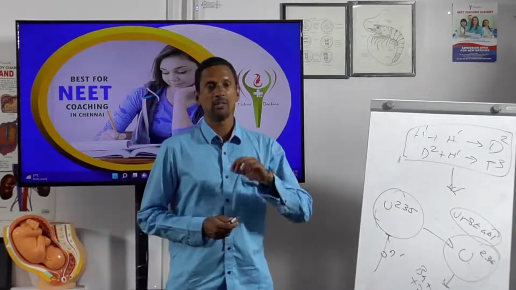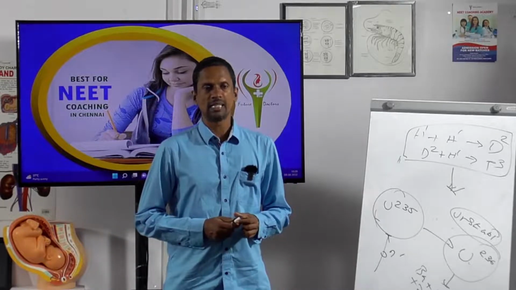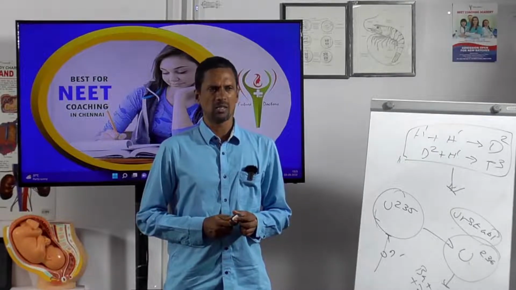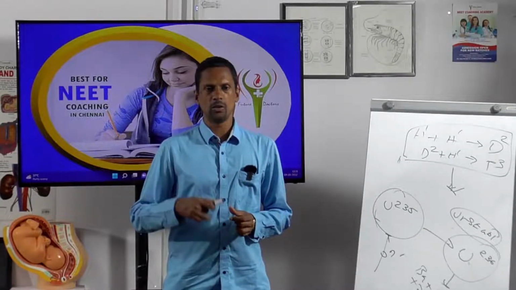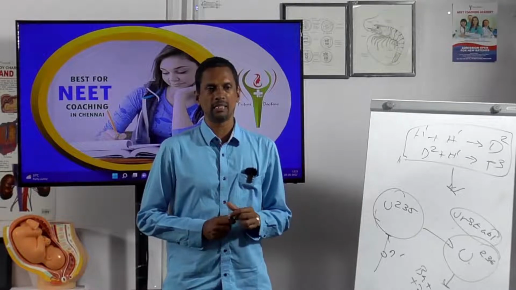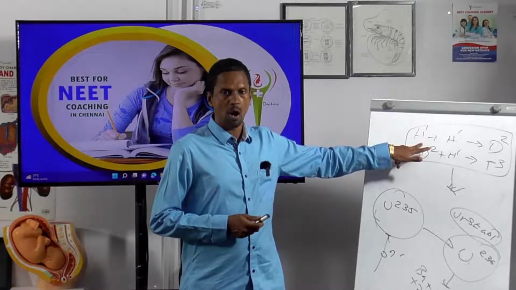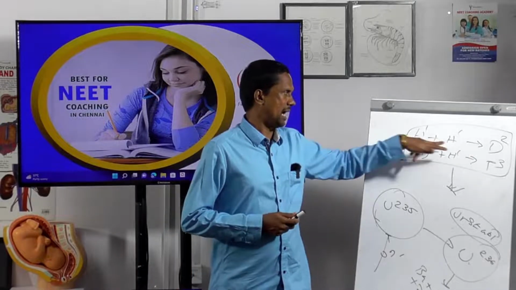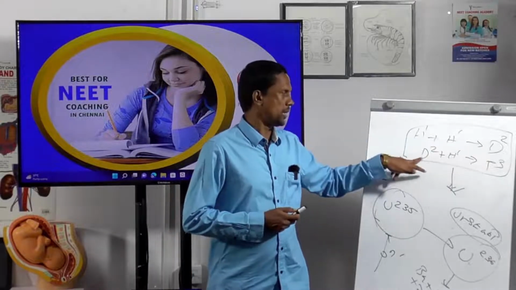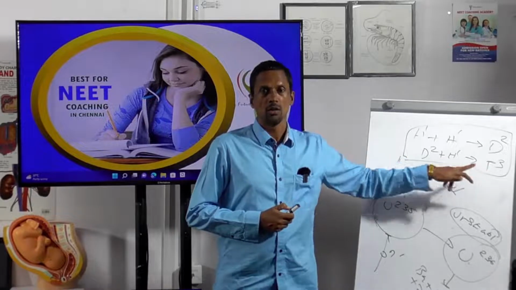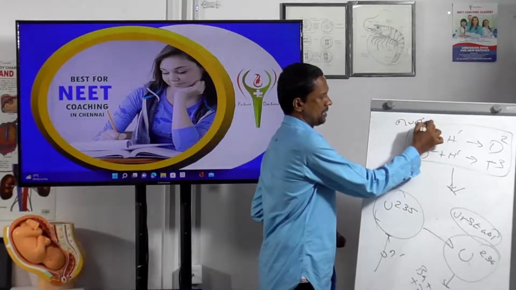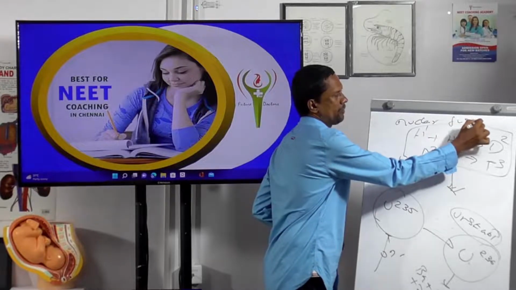What is the energy that I need? We have to calculate that, some nuclear binding energy. If I supply this much energy, hydrogen and hydrogen will combine to give deuterium, and deuterium and hydrogen will give tritium. So to carry out this nuclear fusion process, what do I have to do now?